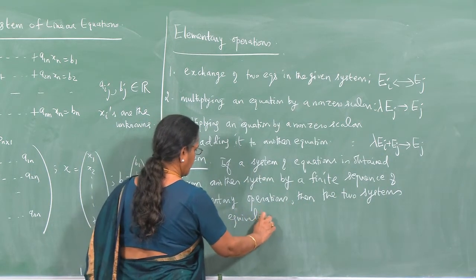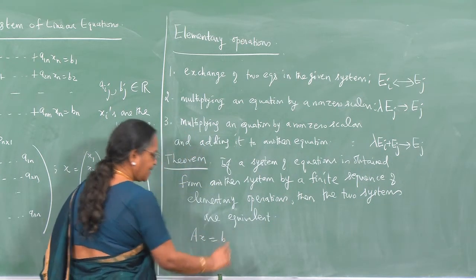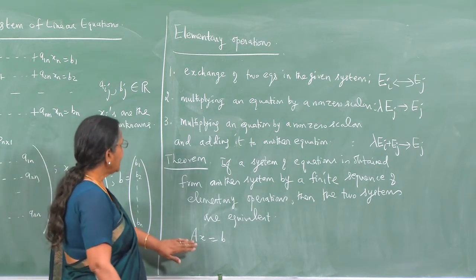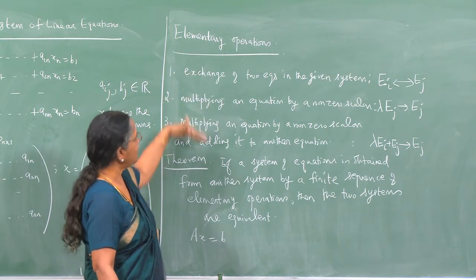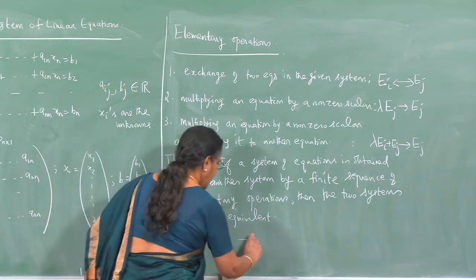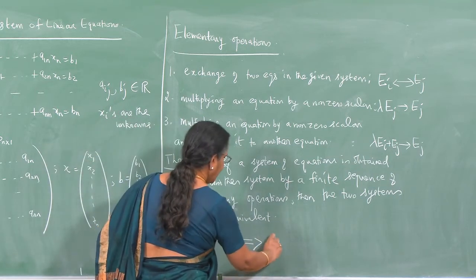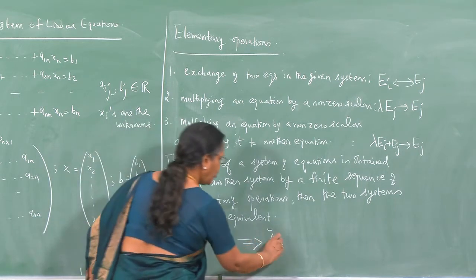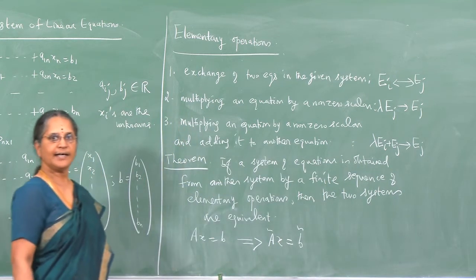What does that mean? I have a system Ax is equal to B that is given to me, and I make use of a finite sequence of these elementary operations, and I obtain a new system, namely say A is changed to some A tilde, the unknown vector is x, and B is changed to B tilde.